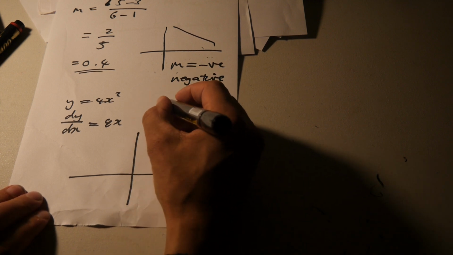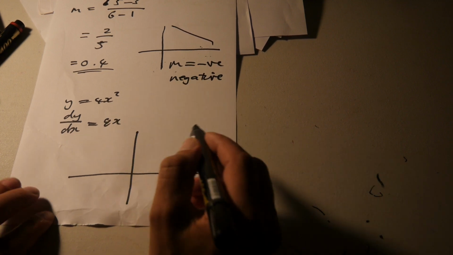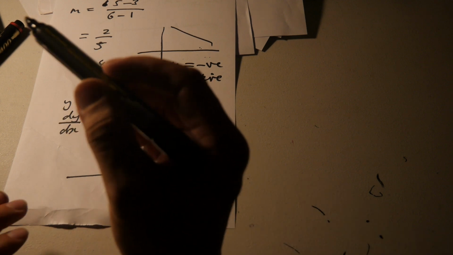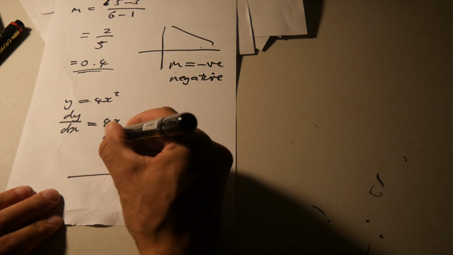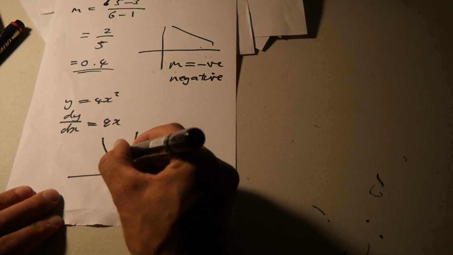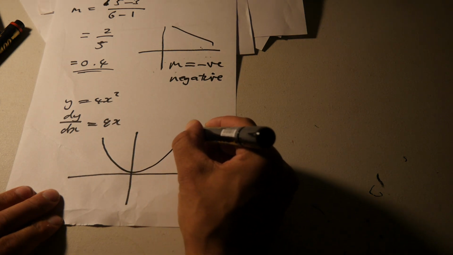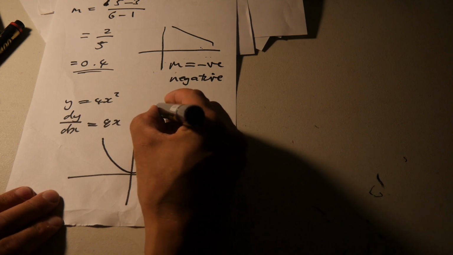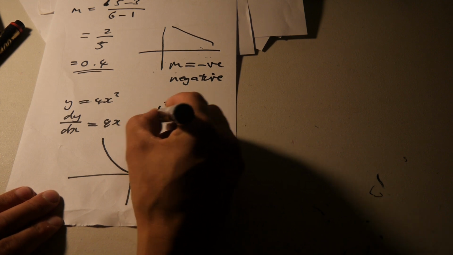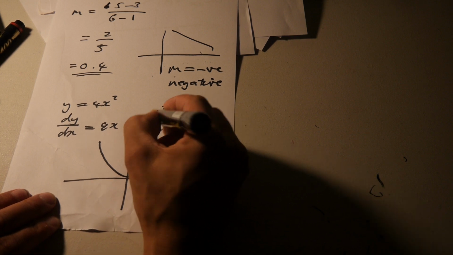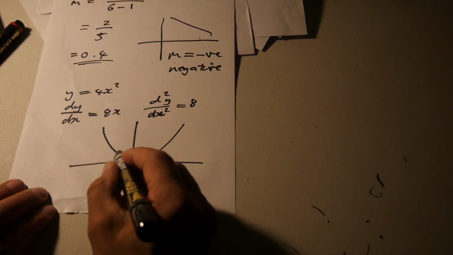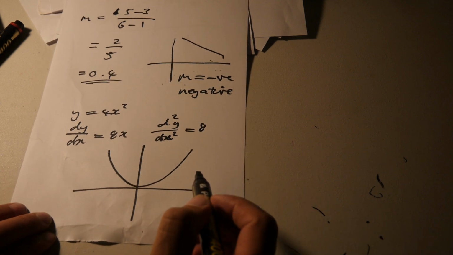The second derivative is 8. So 8 is going from negative to positive. So it's increasing. So yeah, the curve's a bit like this, I think. Okay. So it's actually a parabola, what you're working out with this.